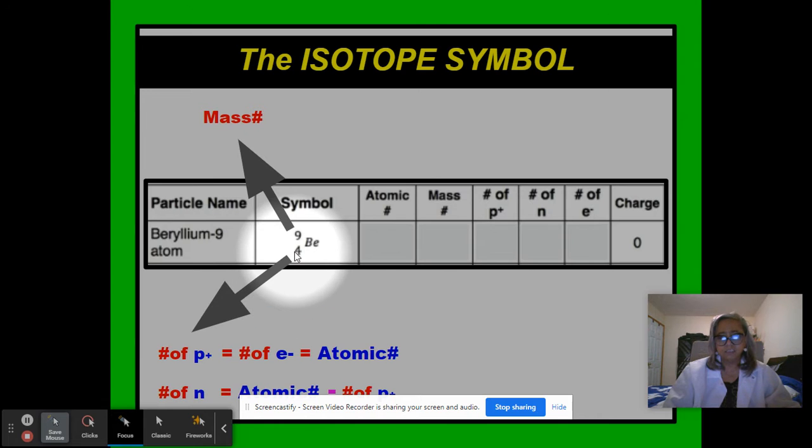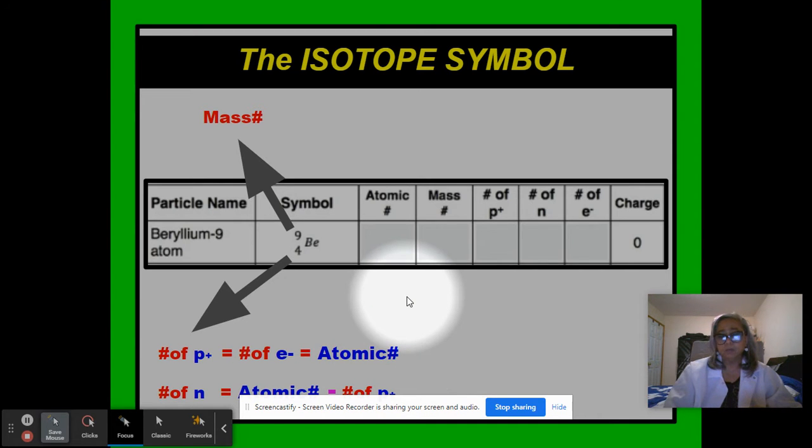So what do this number or numbers represent? The one on top, that would be the mass number. How heavy is your element? And the number below, or your subscript, refers to the number of protons, which is also equal to the number of electrons and equal to the atomic number.